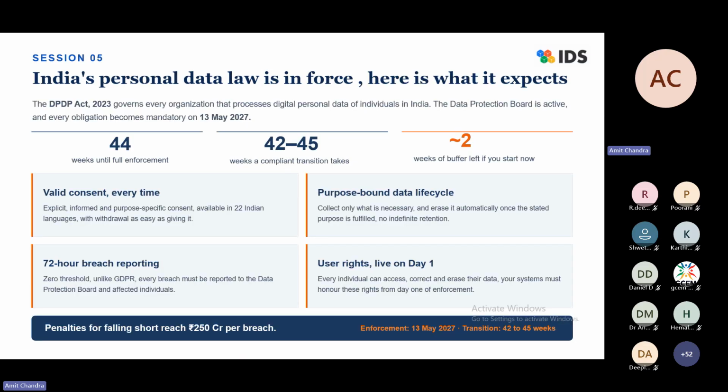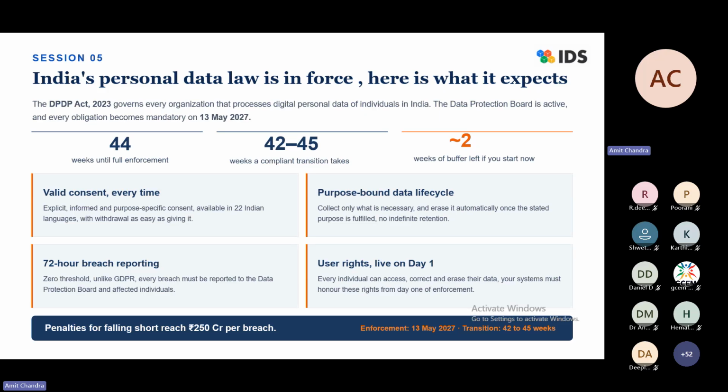Now let's come to our main topic, the DPDPA Act. As I said, the DPDPA Act is to be followed by every organization that processes digital personal data of individuals in India.